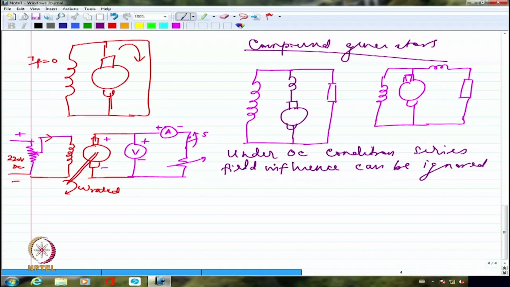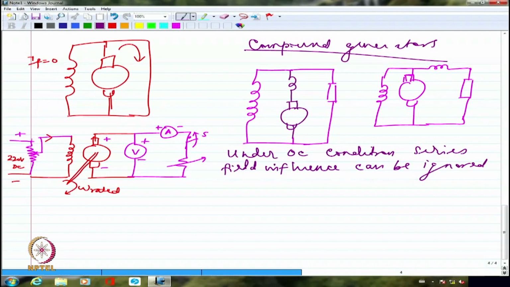So I should say, in general, the series field will be directly affected by the load. If the load increases, the series field current increases. If the load is decreasing, the series field current is going to decrease. That's why the series field is called a series field: it is in series with the armature and carries roughly the same current as the armature current.